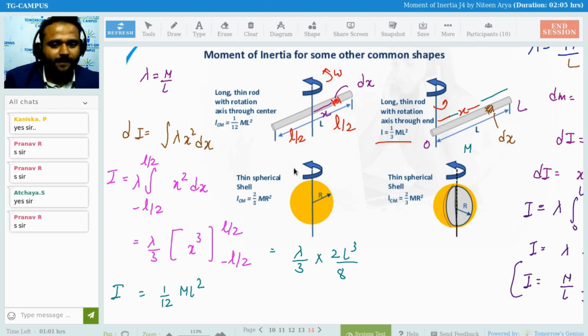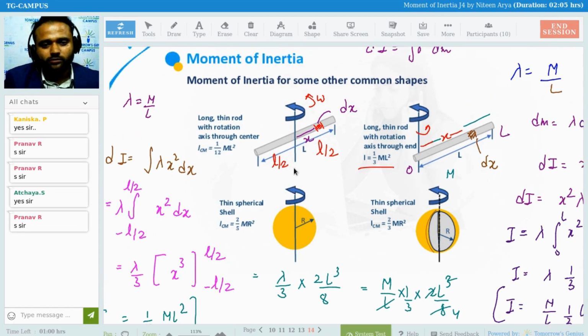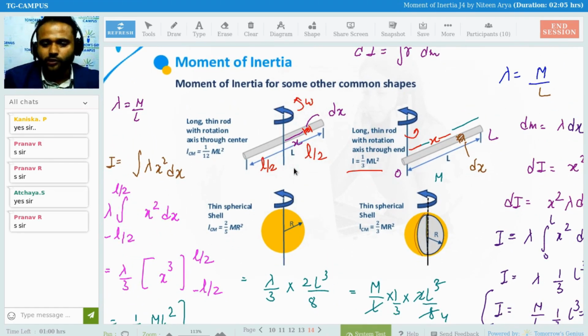Yes, exactly. Clear? And you can put the value of lambda there, that is M by L into 1 by 3 into 2 L to the power 3 divided by 8. Clear, everyone? In this way L cancels, and then 2 cancels with this, so we find 1 by 12 M L square. Is this clear? So now we have a proof also.